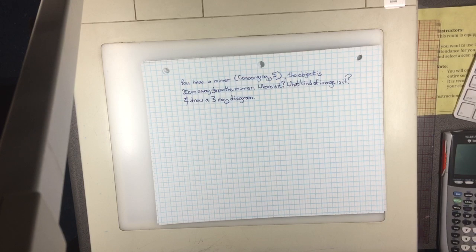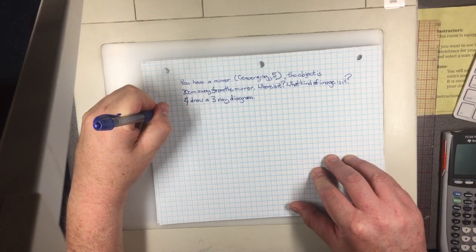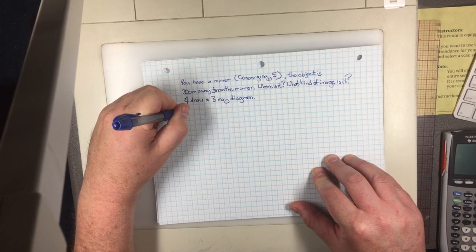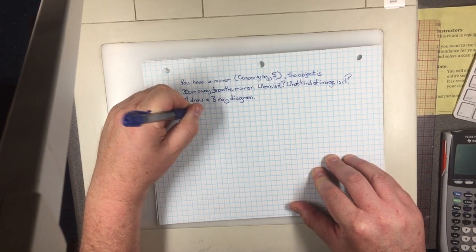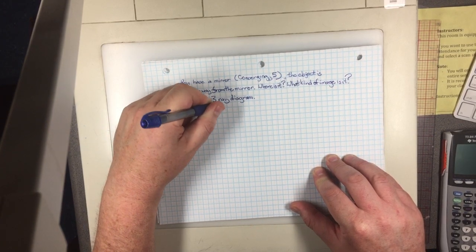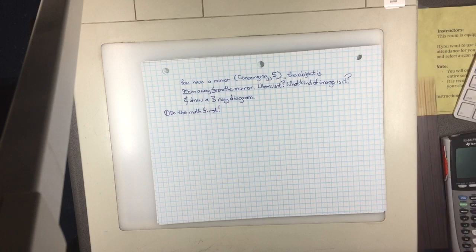Whenever you're doing problems like this, where I'm saying draw a ray diagram, what's the first thing you do? You don't draw a ray diagram, not just yet. You do the math first. Now, the one thing that I will do is start to set this up. I need to set up an optical axis.